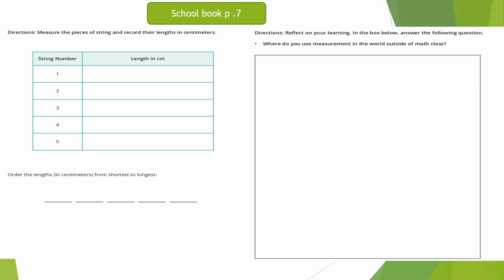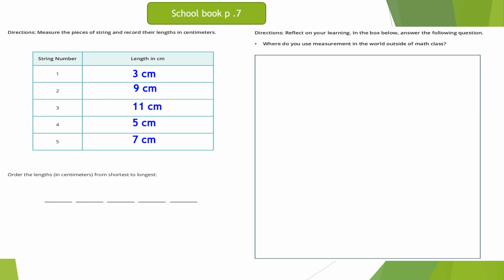Measure the pieces of string and record their length in centimeters. We have some strings and we will measure their length in centimeters. The first one was 3 centimeters, then 9, 11, 5 and 7 centimeters.